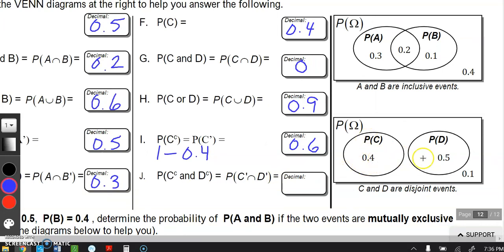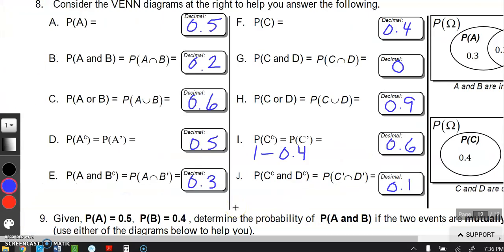What's not C and what's not D is this 0.1 right here. So the complements of both of those intersections is 0.1. Because all this stuff out here intersects itself, technically. Alright.